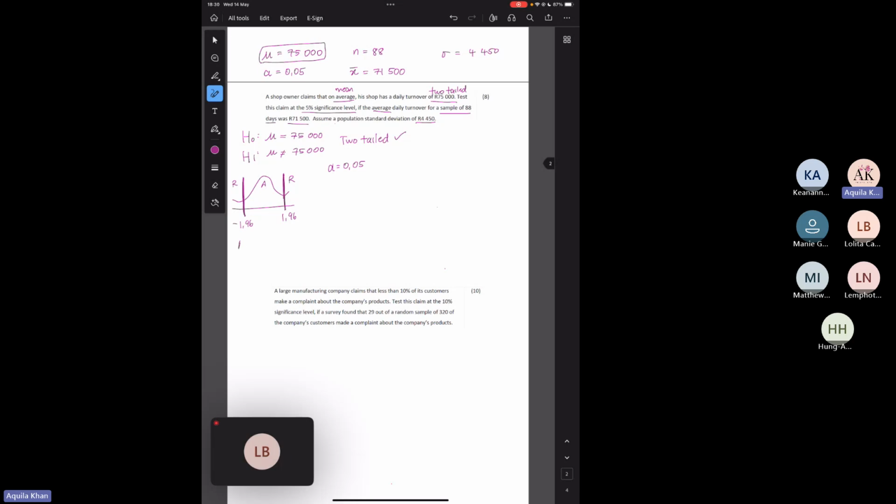To write it out in words, you will first say that you will accept the null hypothesis if the test statistic, your Z statistic, you can literally write this out in words. So you can say it lies between, I would suggest those. So I'm actually not even going to do that. I'm going to show you how to write it out with symbols.